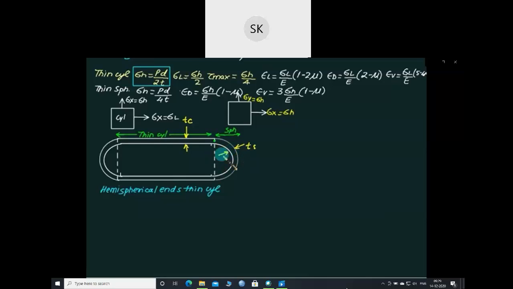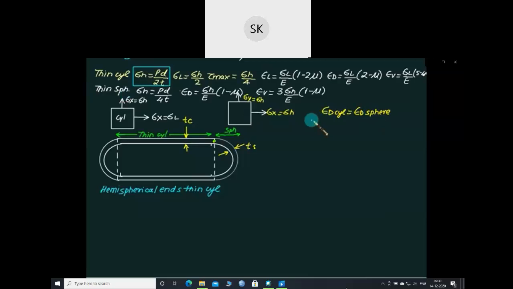They must be different. So the thickness will be adjusted on the basis of the strain produced at this point. The strain produced at this point by the thin cylinder must equal that of the spherical part, because if the strain is not the same, then this part will get elongated and there may be a chance of fracture. So at this point we have epsilon D for cylinder must equal epsilon D for sphere.